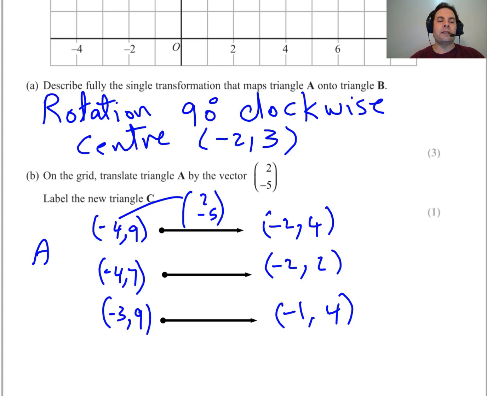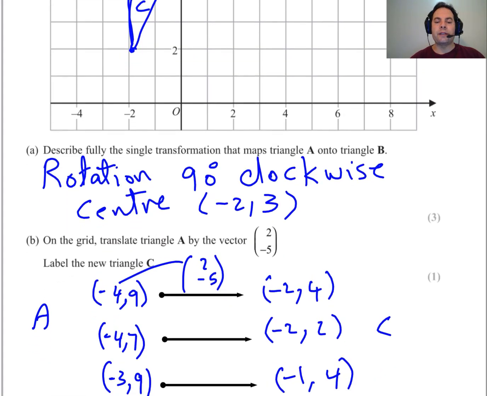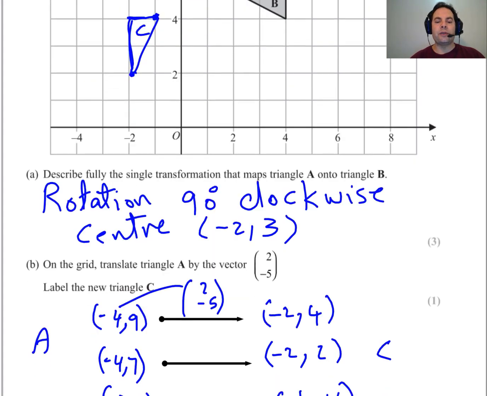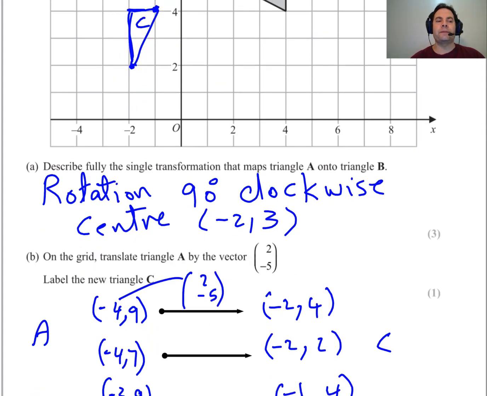By looking at the new position of the triangle C, the first point -2 and 4, it's correct. Then -2 and 2, the last one -1 and 4, it's correct.